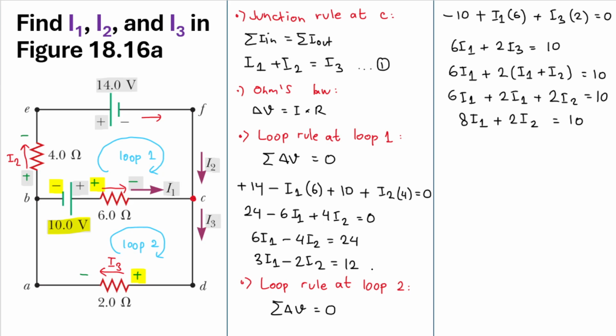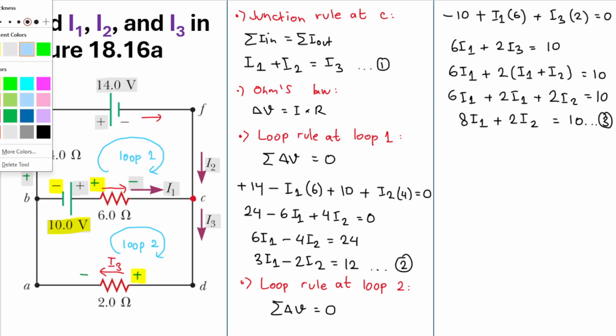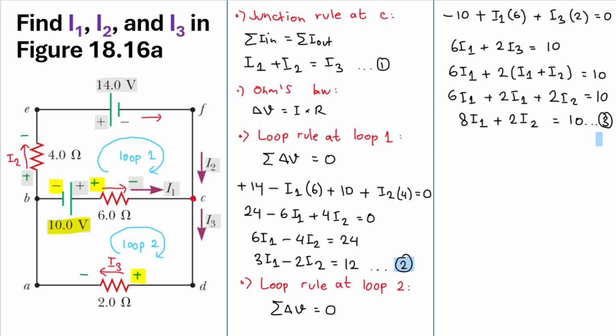Okay, now let's name this equation number 2, and this equation number 3. And if we see this equation number 2 and equation number 3, they are two equations with two variables. We can solve them, right? Let's solve that.